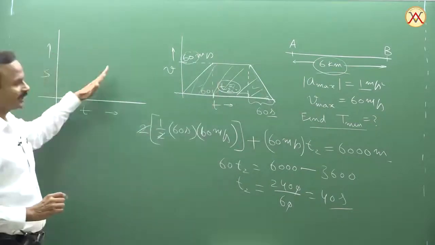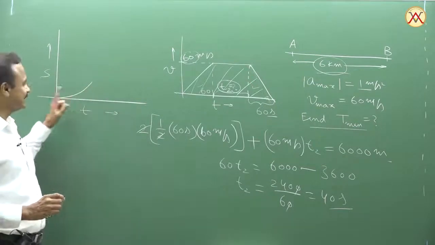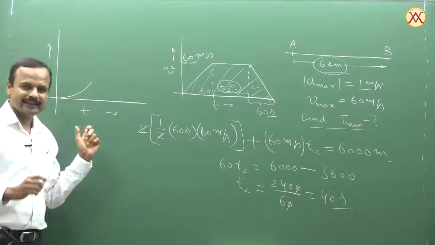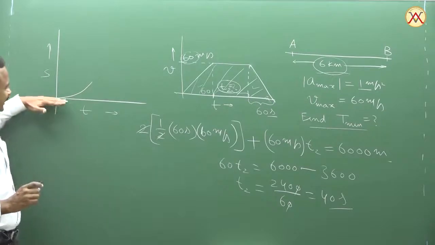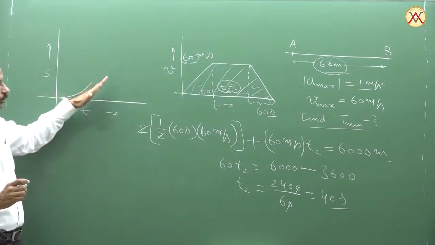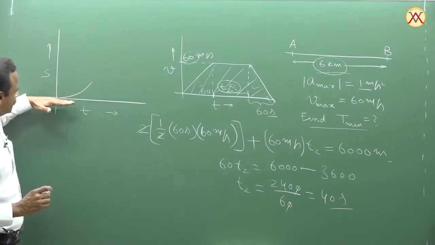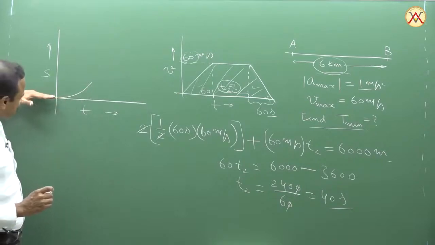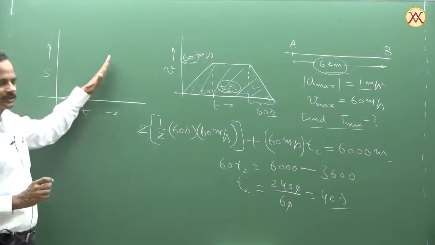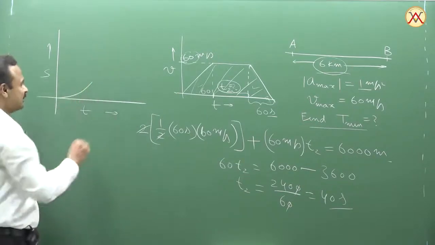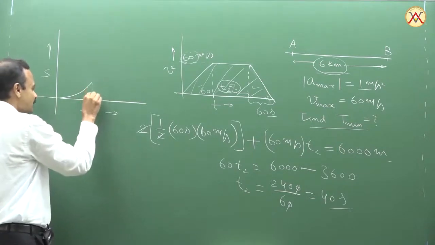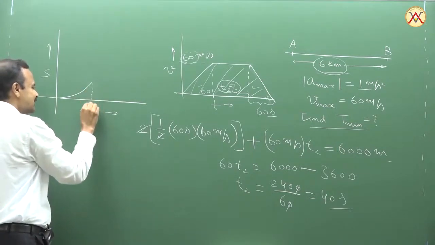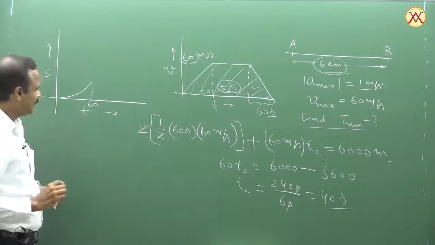So the slope of the graph has to be increasing. Remember, slope in the ST graph represents the velocity. Increasing velocity means increasing slope. Initial slope is 0, so it starts from an almost flat trajectory and it is swinging upwards. So this is till your first 60 seconds.